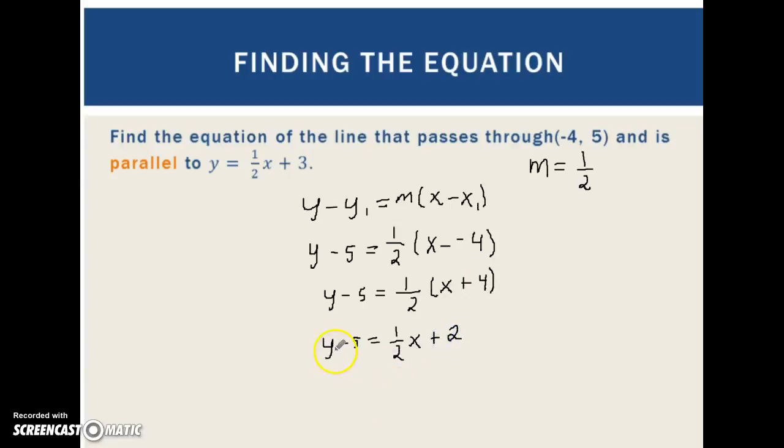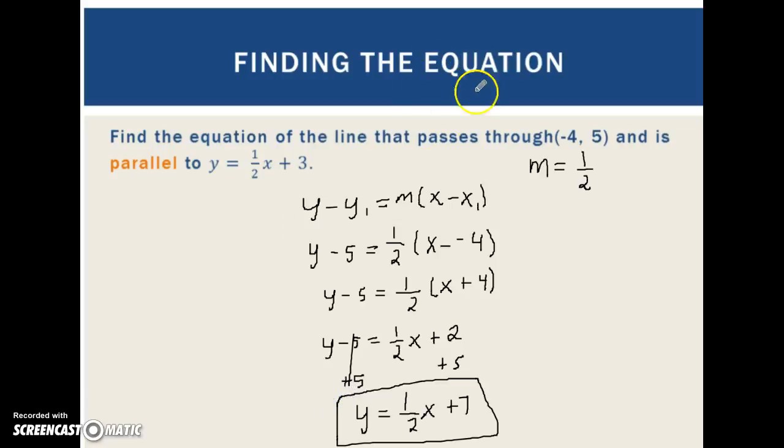And last step, we want y by itself, so we're just going to add 5. So they cancel out, and we want to add 5 here. So our final equation in slope-intercept form, y equals 1/2 x plus 7 for our equation that is parallel to the equation listed.